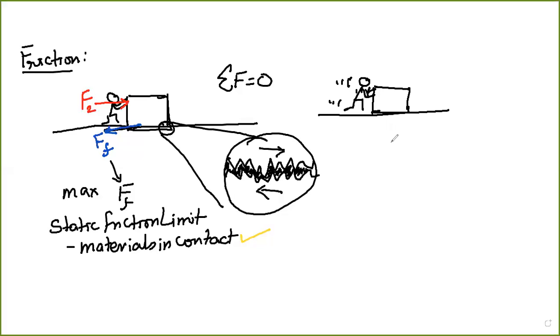So when they don't lock into one another, the amount of force that is required to keep them moving is going to be lesser than the static friction limit, right? So the amount of force that you are going to be required to apply, let's say this is force 3, right? Wait, let me write that properly.